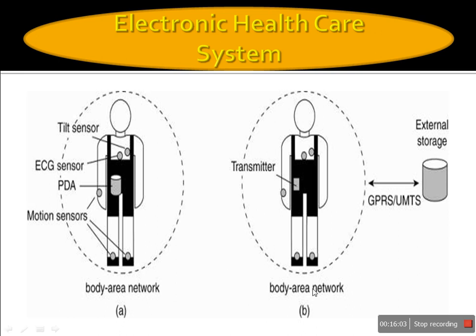Now in the second diagram, we can see the BAN is continuously hooked up to an external network, again through a wireless connection, to which it sends monitored data. So there is a transmitter and it is all a scenario of wireless connection.